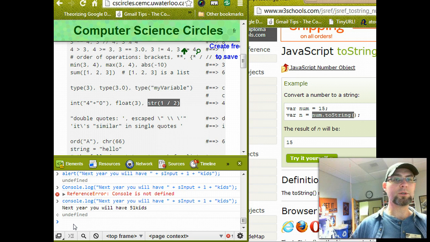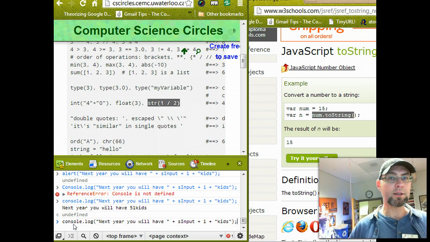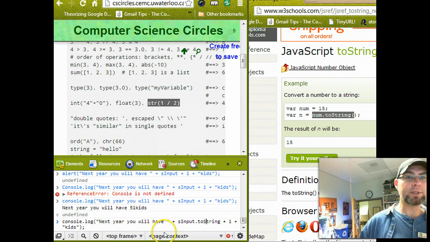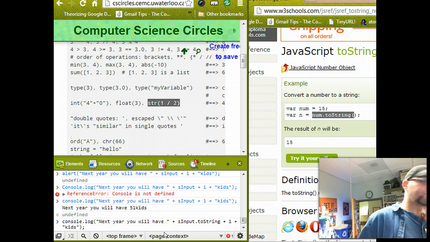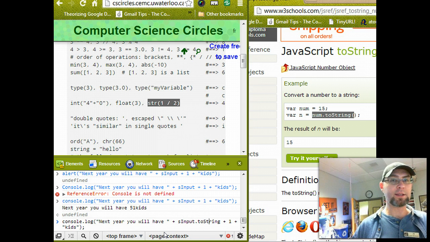Yes, so it says next year you have 51 kids. So how do we fix that? Based on what you just discovered, we do sInput dot to, what was it? toString over here. toString. And to keep it super clean, actually I take that back.